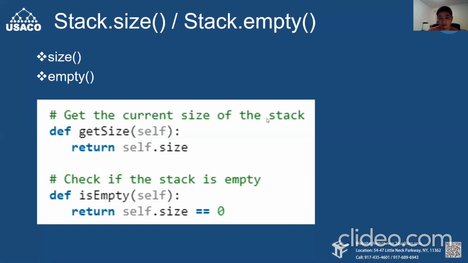How can we return the size of the stack? Easily, just return the size property because I already have the property indicating the size of the stack. But you have to make sure the size property is updated accordingly when you push a new value or pop an existing value from the stack later. You have to keep updating the size.